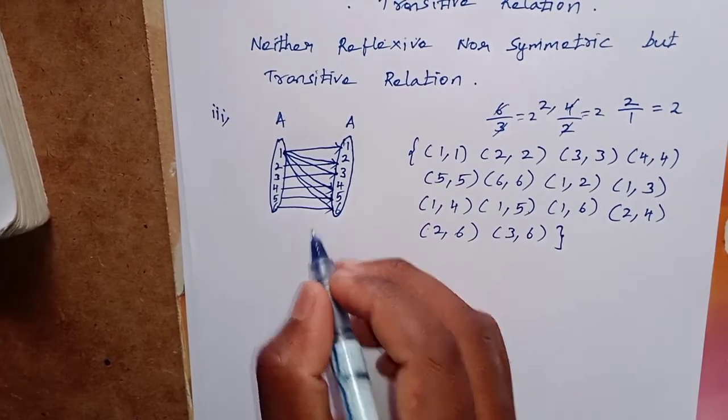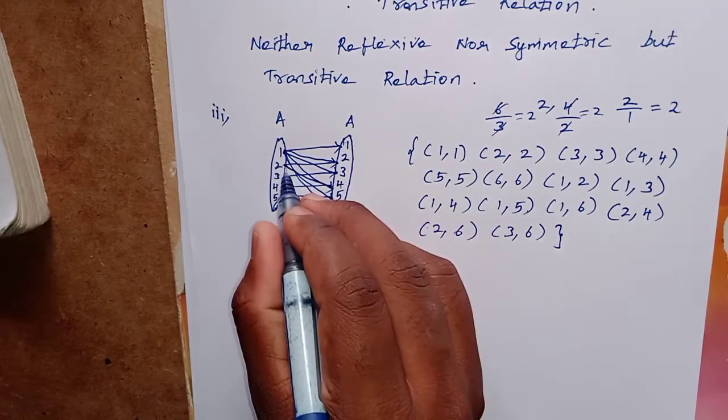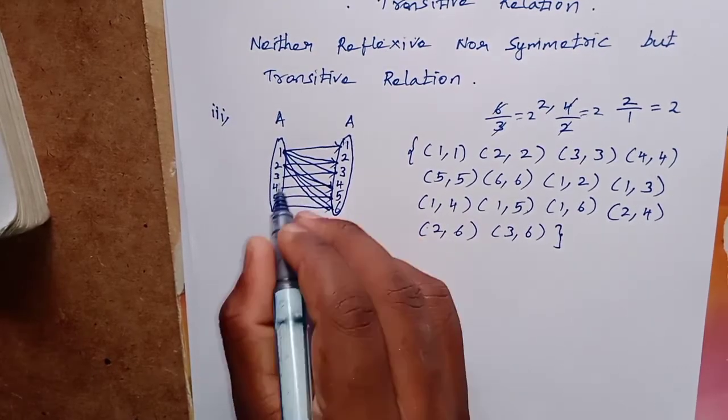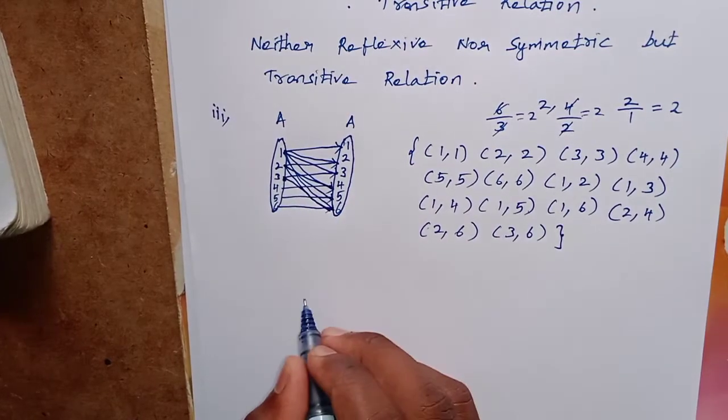Okay. Next 2 comma 4, 2 comma 6, here 3 comma 6.